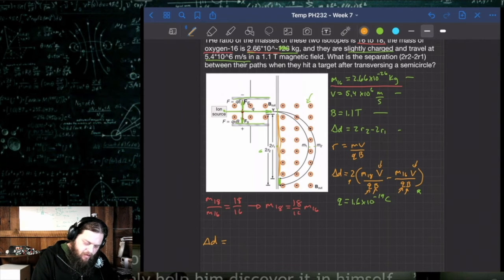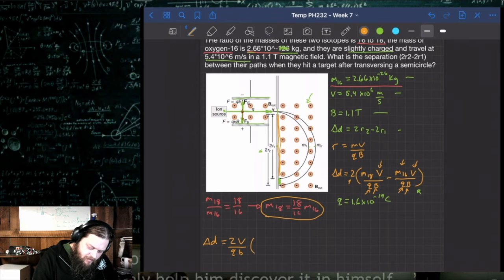So factoring all of that out, I can say that's 2 times V divided by QB, times mass 18 minus mass 16.